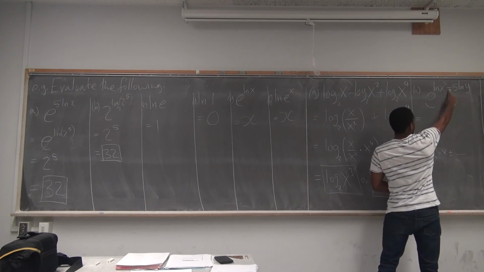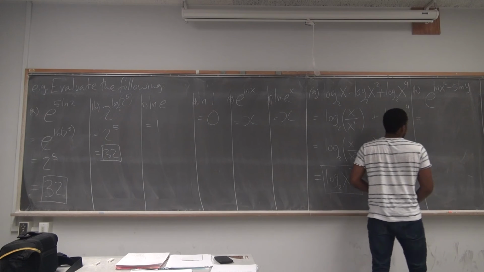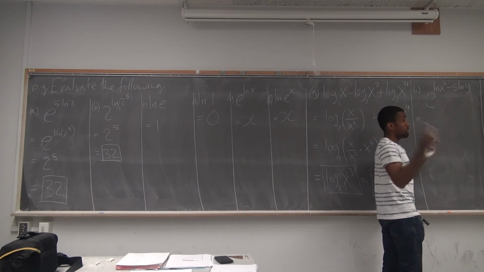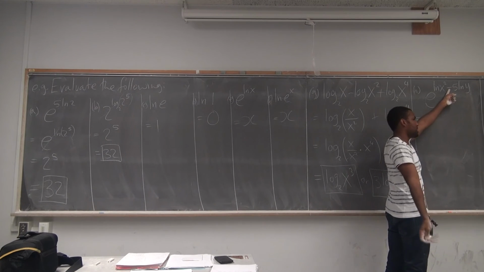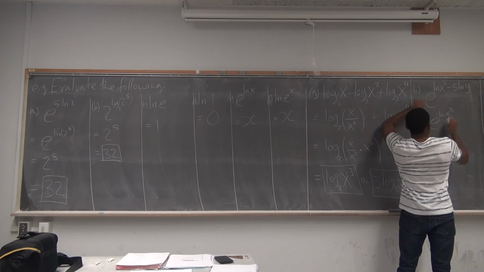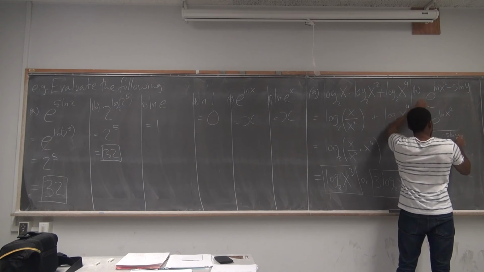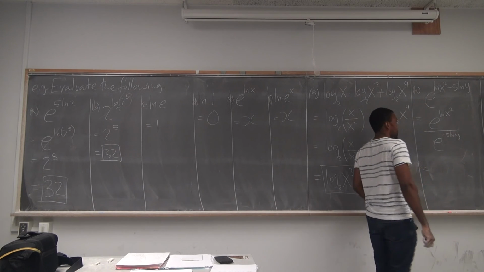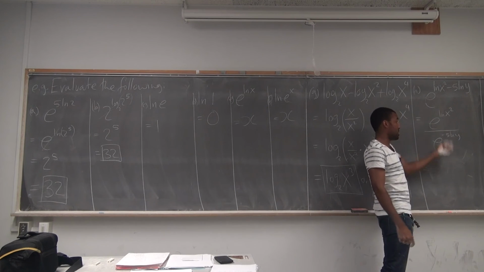So the fact that I subtracted something else in the power means that I have to rewrite things first. So now's where we remember laws of exponents, right? If there's a subtraction in the power, what does that mean? As someone says, it means a division. So this is actually e to the ln of x squared divided by e to the minus 5 ln y. So that's the first step, to realize that a subtraction of power actually means a division is happening.